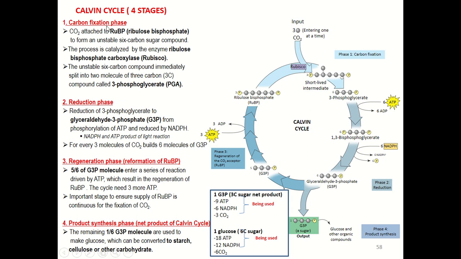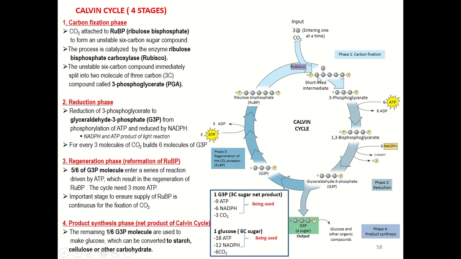So for the first one, carbon fixation phase, this area. One molecule of carbon dioxide will enter at one time, and this one molecule of carbon dioxide will attach to ribulose biphosphate. Ribulose biphosphate has 5 carbon molecules.